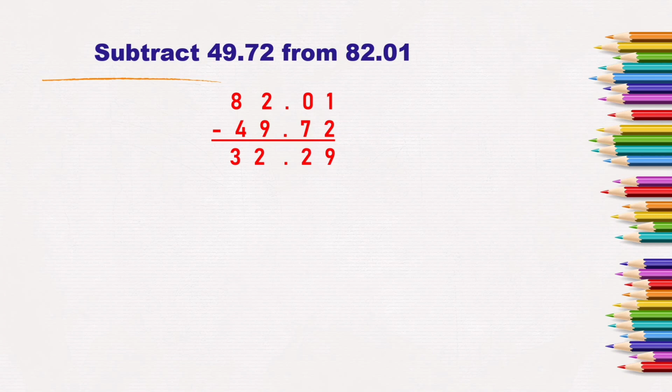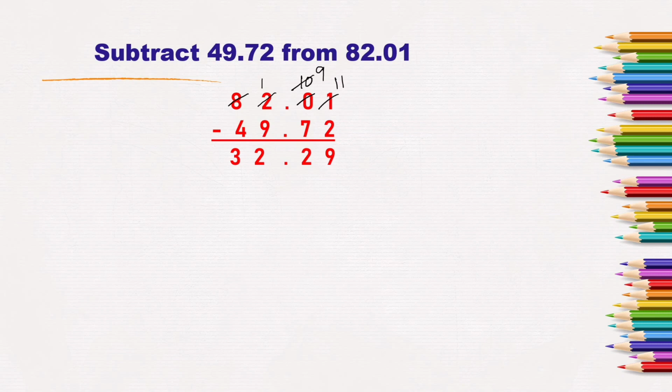From 1 we cannot take away 2, so we borrow. But here it is 0, we cannot borrow from 0. So we'll move to the 1's place, we'll borrow from the 1's place. So in the 1's place 2 is there, 2 becomes 1 and here 0 becomes 10. And again from 10 we are borrowing, so 10 becomes 9 and here 1 becomes 11. 11 minus 2 will be 9. 9 minus 7 is 2 and from 1 we cannot take away 9.